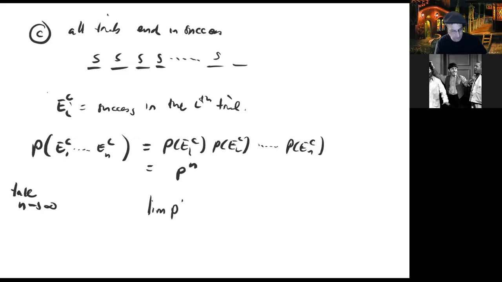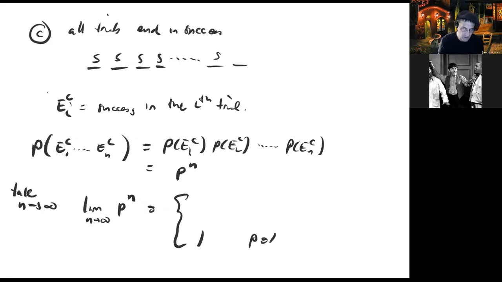Okay, so let me first of all write what we're getting on the left. The limit as n goes to infinity of the left-hand side is going to be the limit of P to the n. And now what is that? Well, it depends what P is. If P is equal to 1, that's 1 to the n, it's always going to give you 1, right?